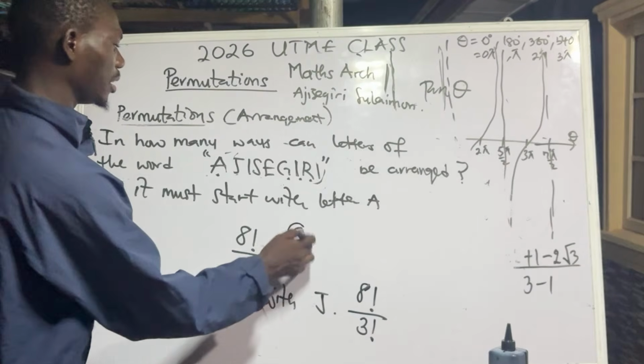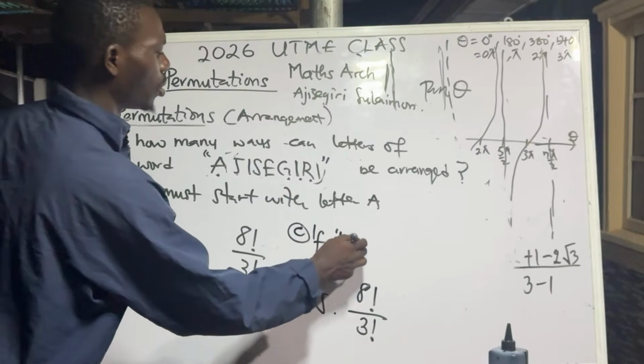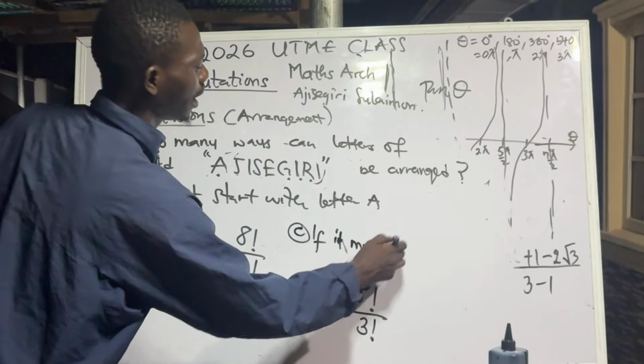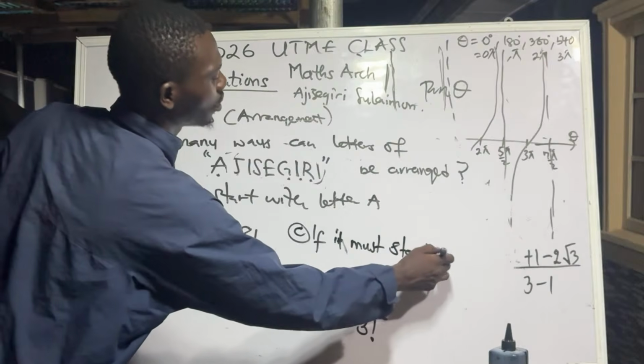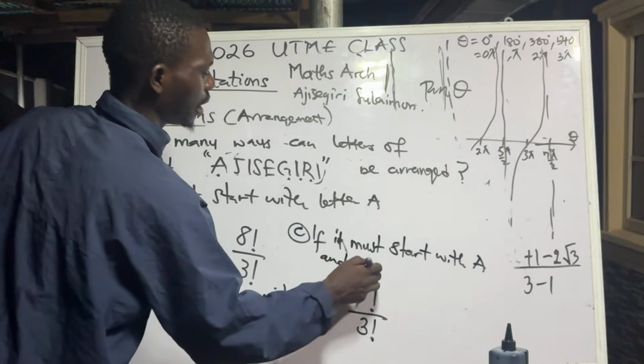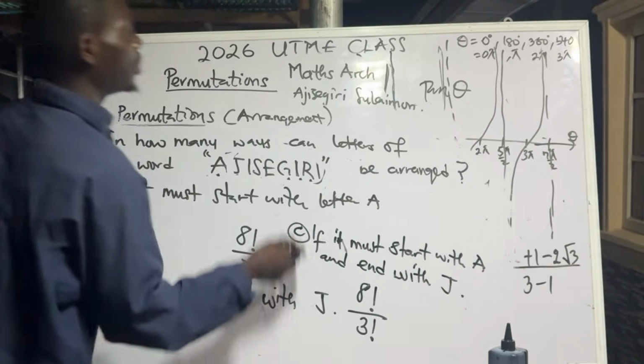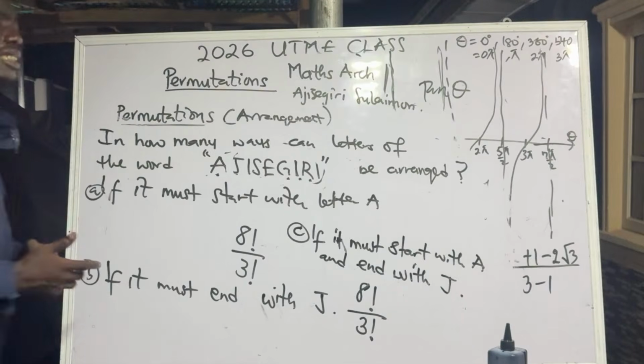Now I want you to do this one for me, guys. If it must start with A and end with J, in how many ways can the letters of the word Ajishegiri be arranged?